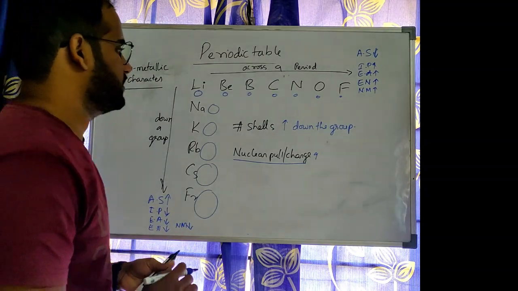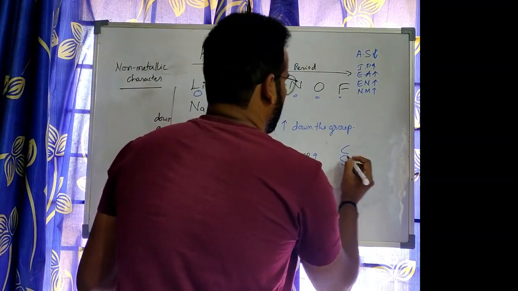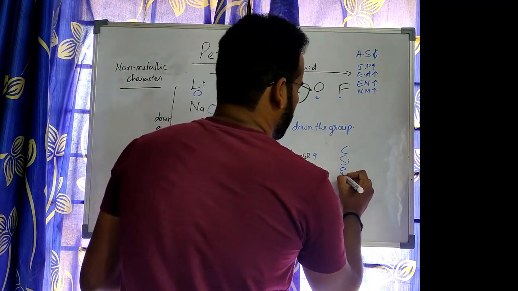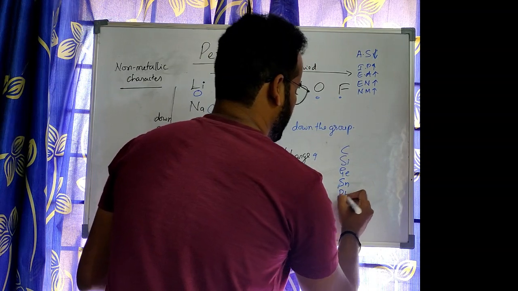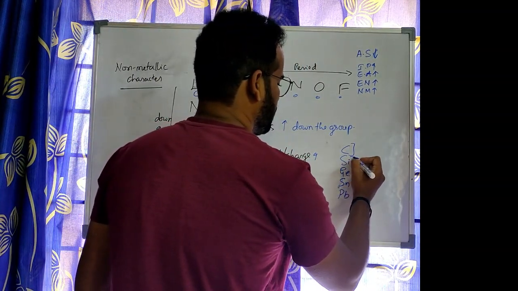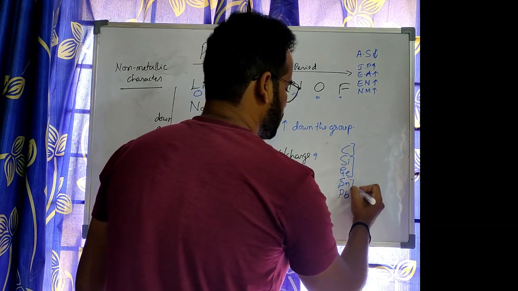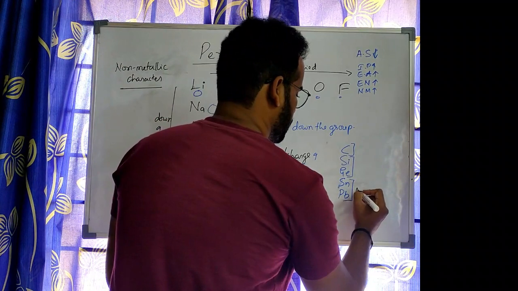To give an example for down the group, take the carbon group: carbon, silicon, germanium, then tin and lead. If you see, carbon is a non-metal, silicon and germanium are metalloids, tin and lead are metals.